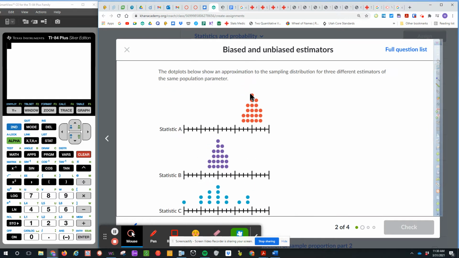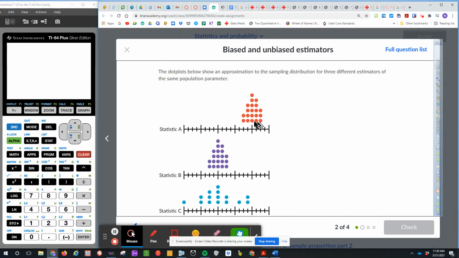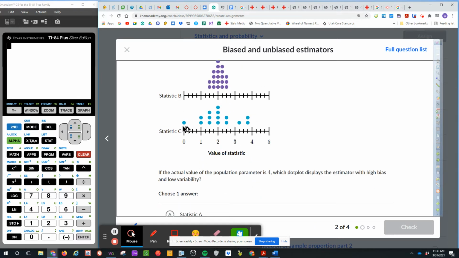Why do I say 4? Because this is where the highest point, the peak, is. Since it's bunched up like this, it has low variability. Now, for high variability, look at statistic C. See how it's spread out? This is high variability. But what's the mean here? The highest point, the peak, is at 2.